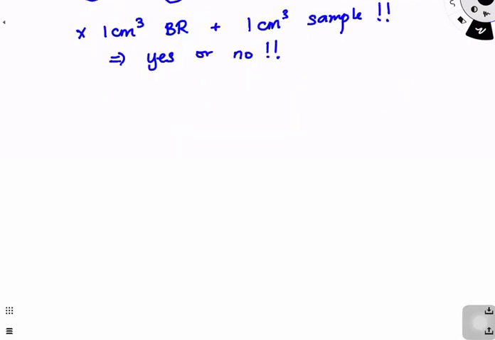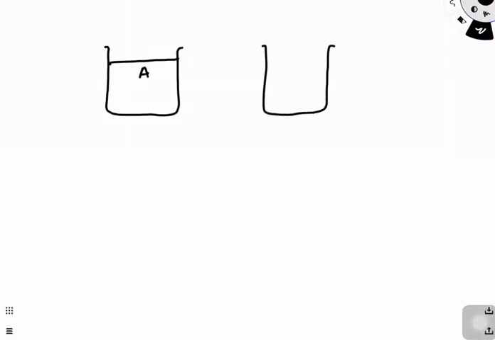Let me show you one example here. Let's say this is sample A and sample B. Sample A contains 200 reducing sugar. Sample B is double, 400 reducing sugar.